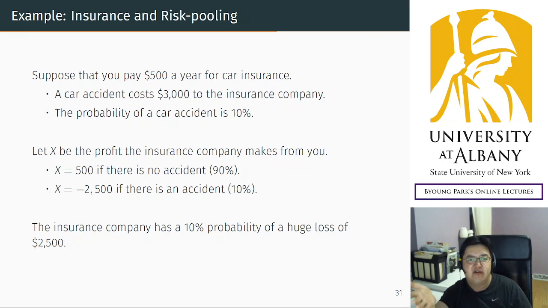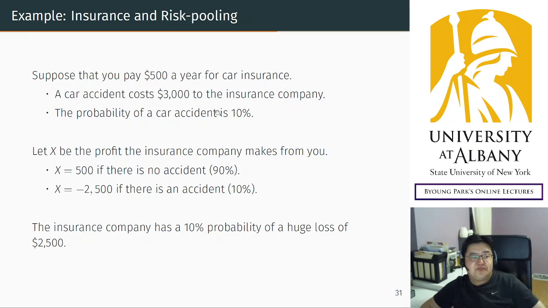You've just paid $500 but get nothing. And I assume that the probability of a car accident is 10%. So with 10%, you pay $500 but receive $3,000. And for the other 90%, you pay $500 but get nothing. This is the insurance, right?